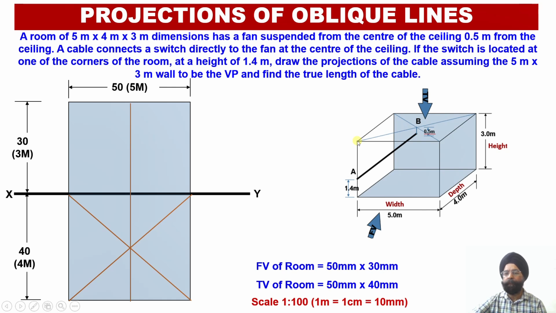So it means that point small a will be located here, and point small b will be located over here. Once we locate both of these two points, we can join point A with point B. So corresponding to this true length, I have been able to obtain the apparent length projection of this cable, which is going to join this switch with this fan, right?